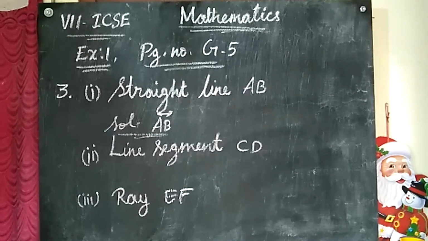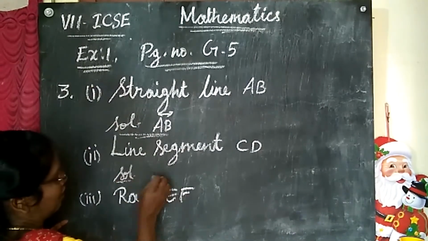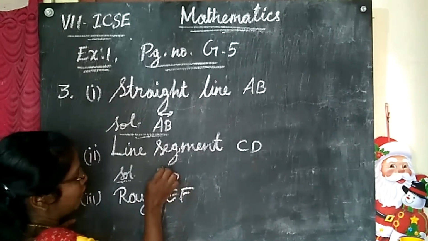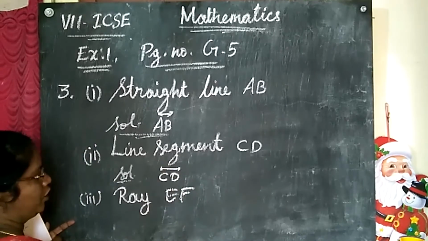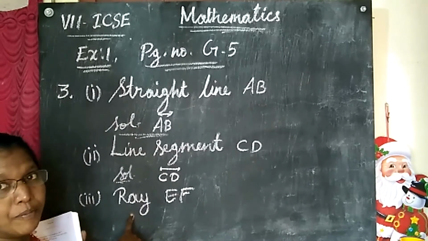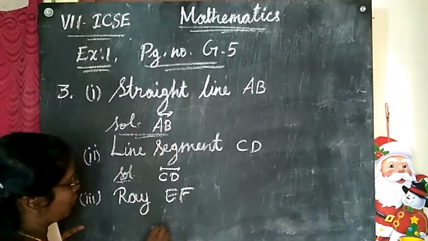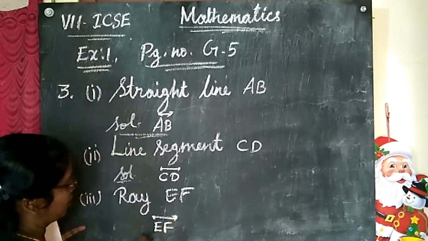Second one, line segment CD. Here it is CD you write. Line segment means what? We have two endpoints. Like this will denote. Here ray. Ray means what? One side will have an endpoint, another side we don't have. So write EF, one side endpoint, another side we don't have.